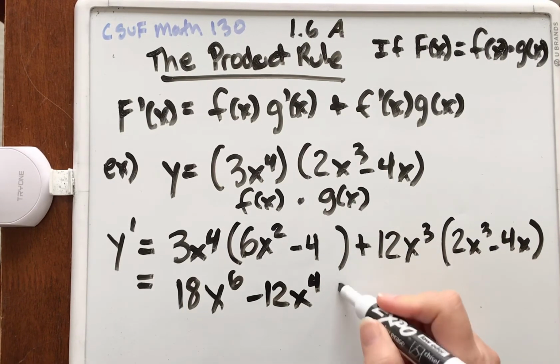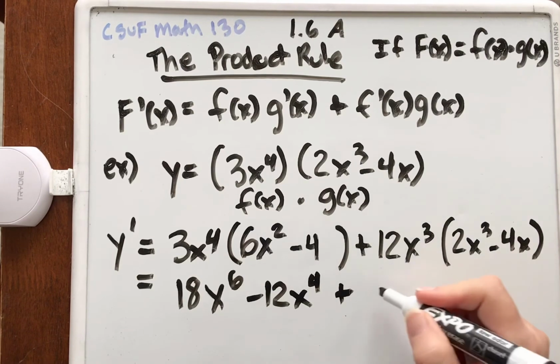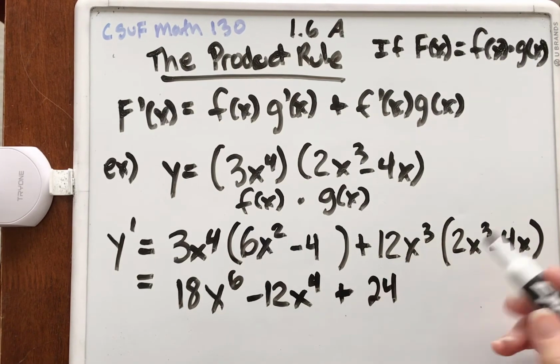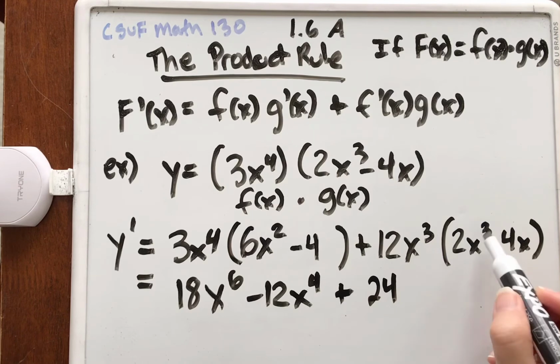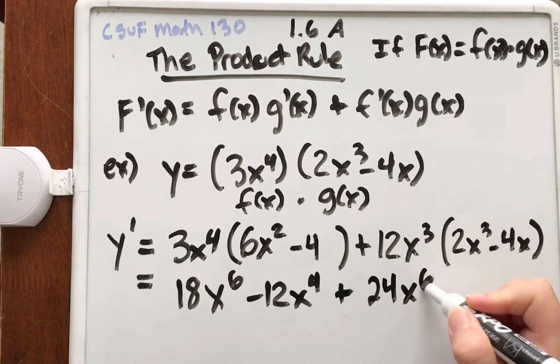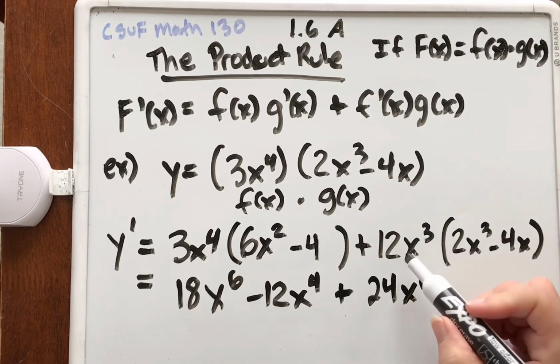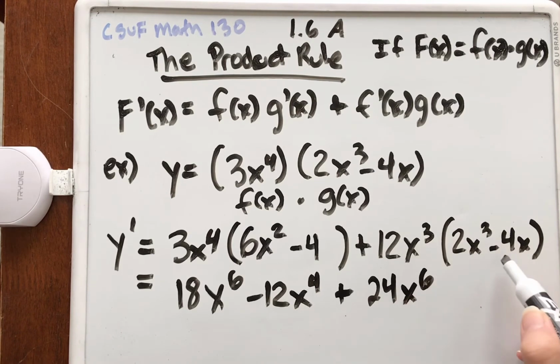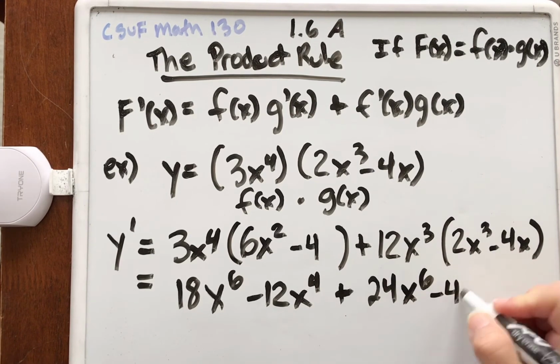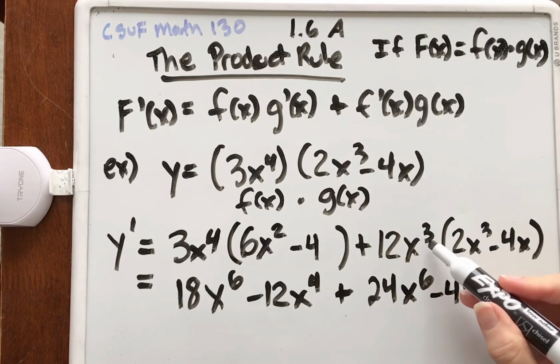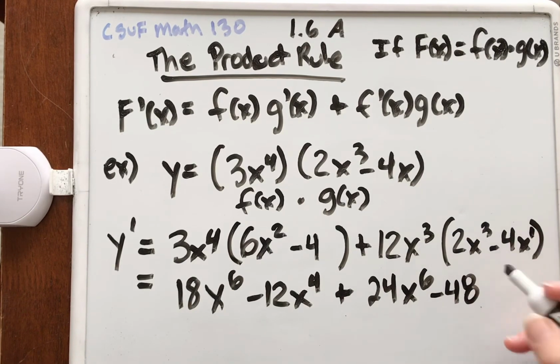We have a positive. 12 times 2 is 24. And x cubed times x cubed, we add the exponents, gives us x to the 6. And then we go ahead and distribute 12x to the 3 times negative 4x. Negative 4 times 12 is minus 48. And then we have an x to the 3 and an x to the 1. We add them, gives us x to the 4.